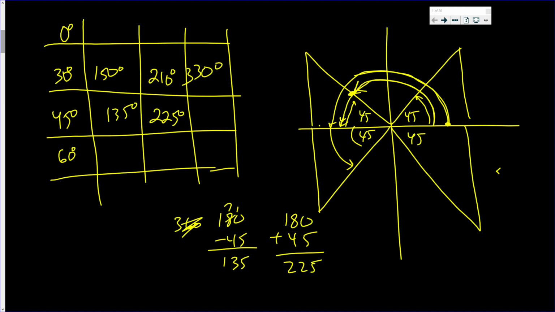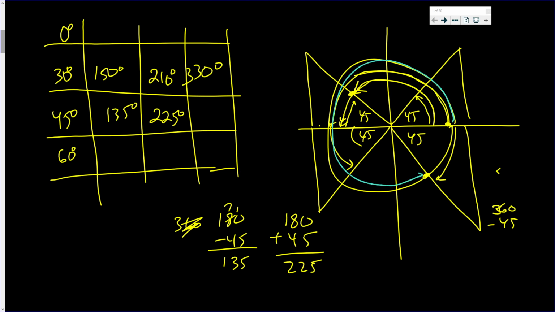Same reference angle. Well, you can go all the way around. That's 360 and say, oops, I overshot where I wanted to go. I only wanted to end up here. So, you come back 45. What that means is you really only went that far. And it turns out that that's 315 degrees.